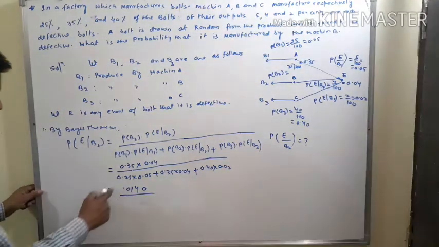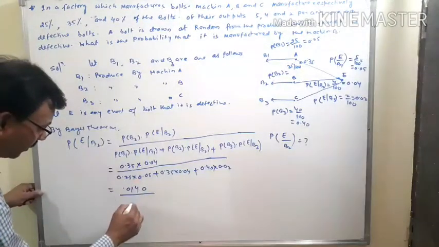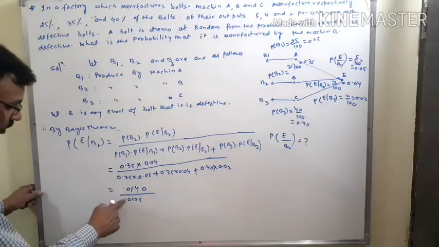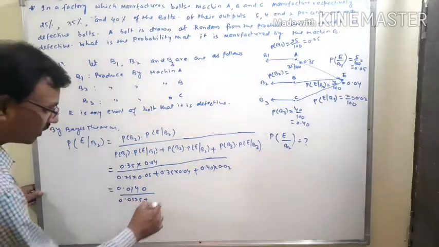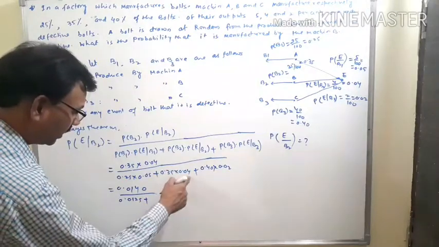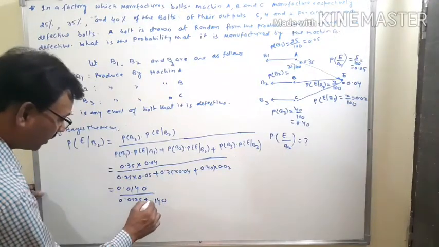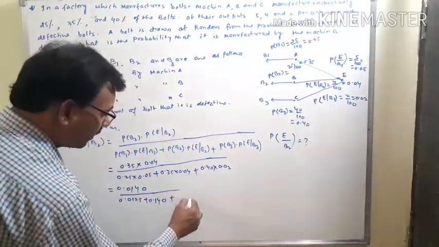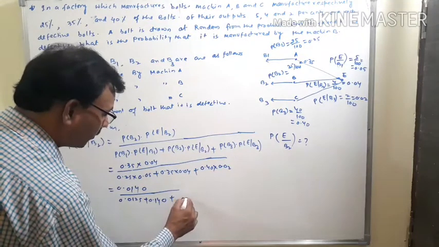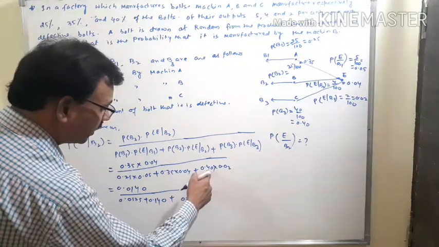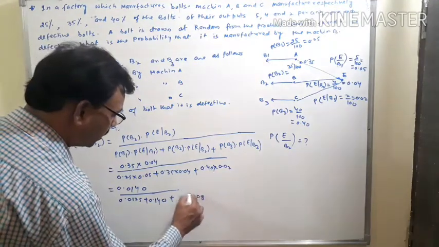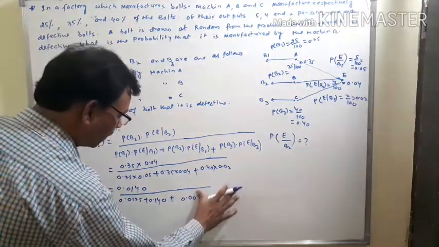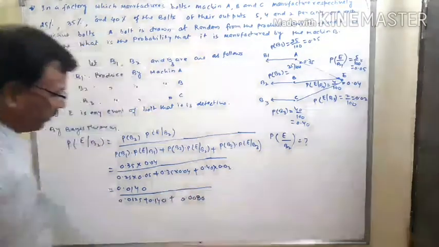This will be 0.0140 whole upon, 25 fives are 125, so this will be 0.0125, plus 4 fives are 20, 4 threes are 12, plus 14, 0.0140, plus this is 0.008.